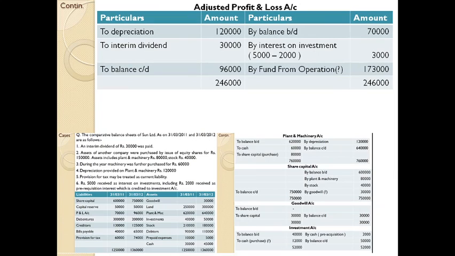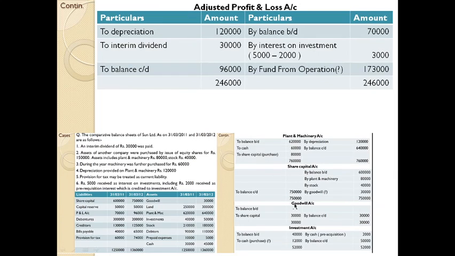And in the previous case, I have mentioned that you have to go through all these accounts mentioned here, and on the basis of information given in these accounts, you have to prepare adjusted profit and loss account. Remember, in these non-current accounts, you need to consider only one item, that is to P&L and by P&L items, that is items that have to be recorded in the profit and loss account.